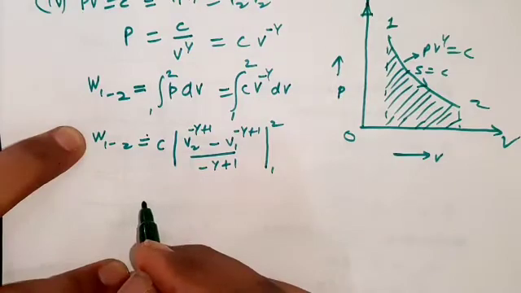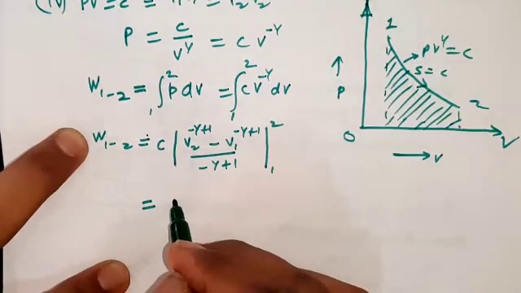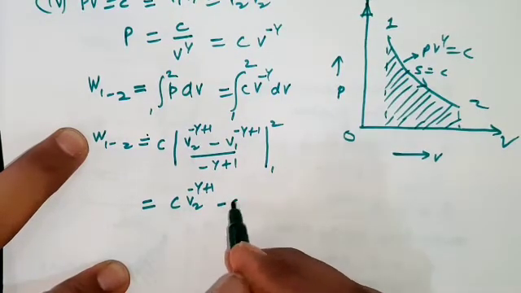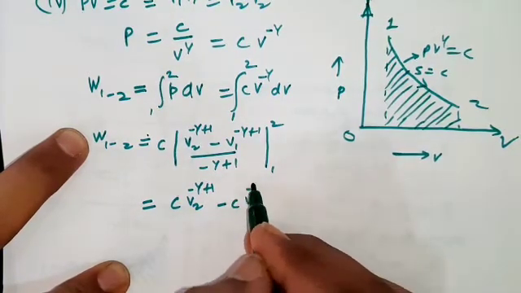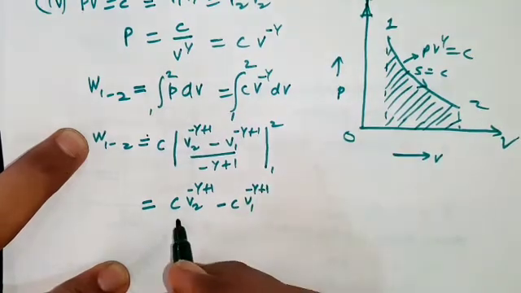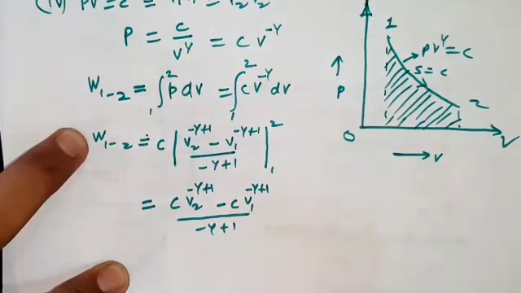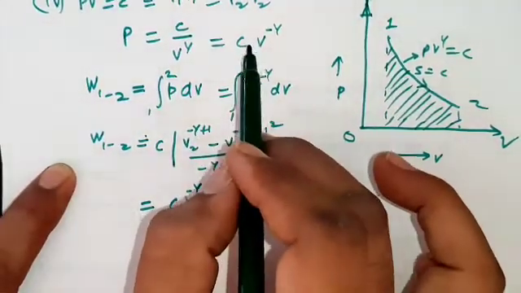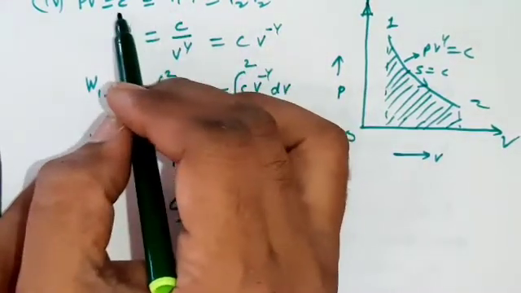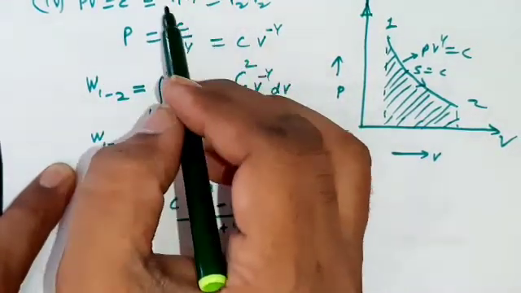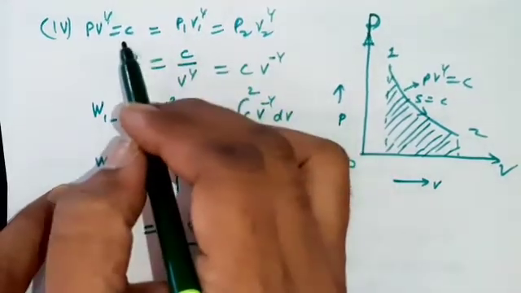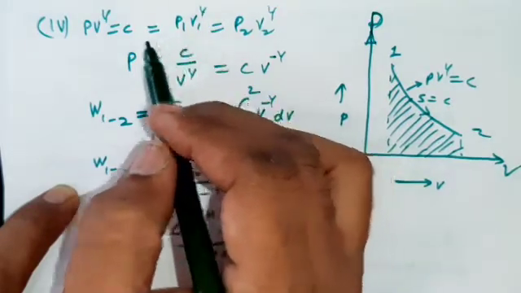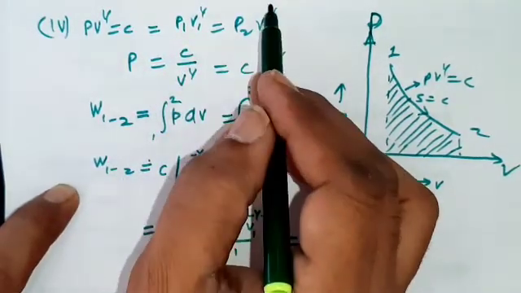And this will be actually C V to the power minus gamma plus 1 minus C V1 to the power minus gamma plus 1, upon minus gamma plus 1. So here we can say C is equal to P1 V1 to the power gamma, also C is equal to P2 V2 to the power gamma.